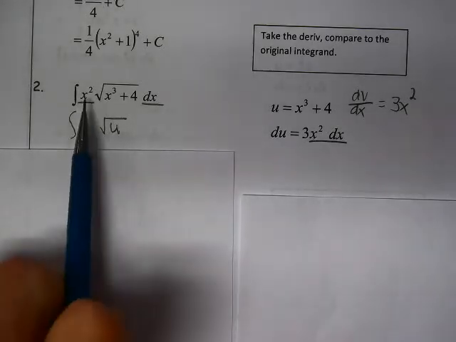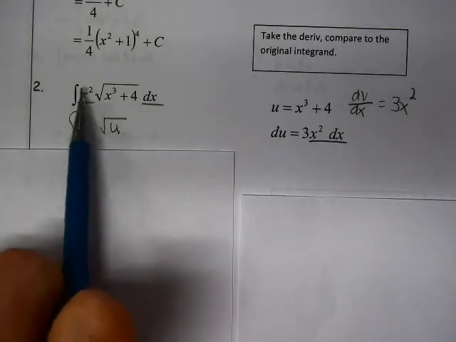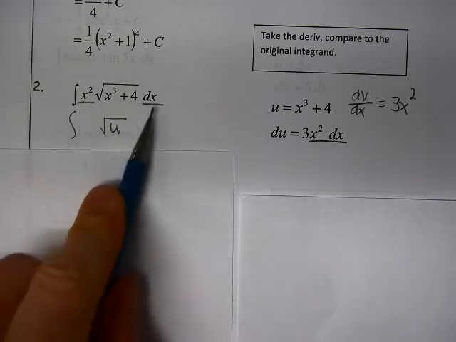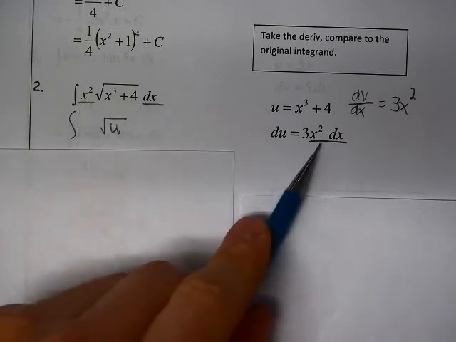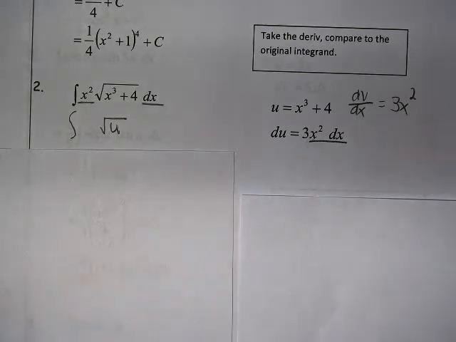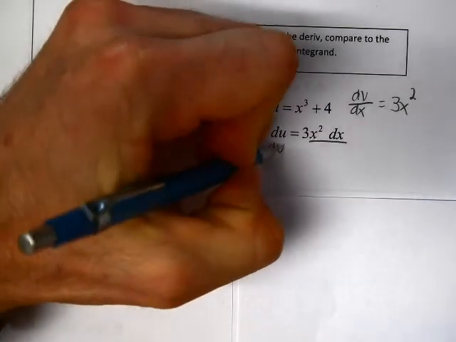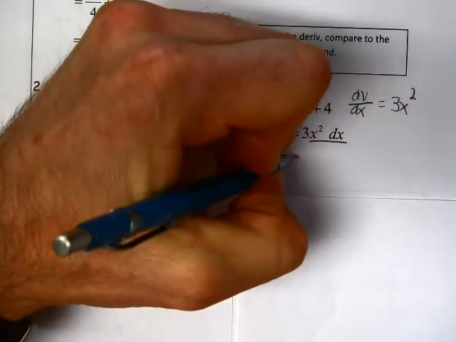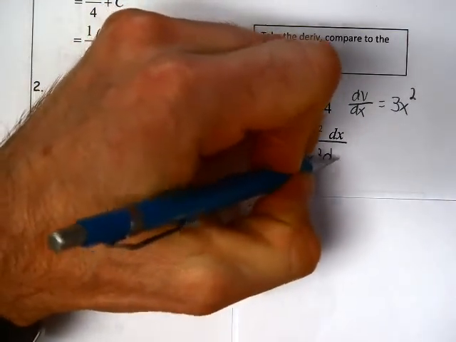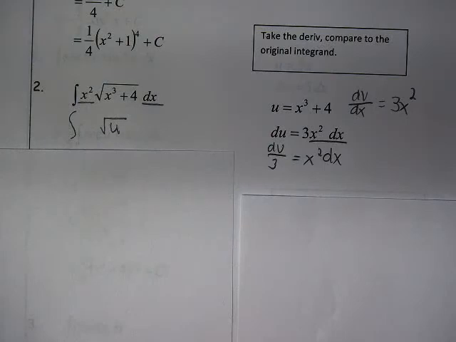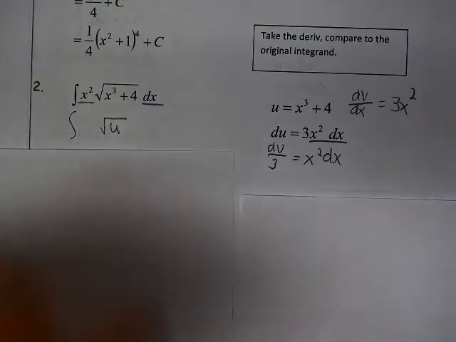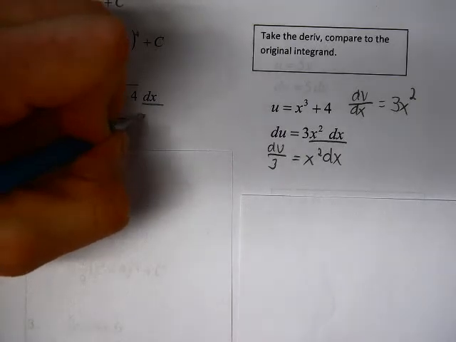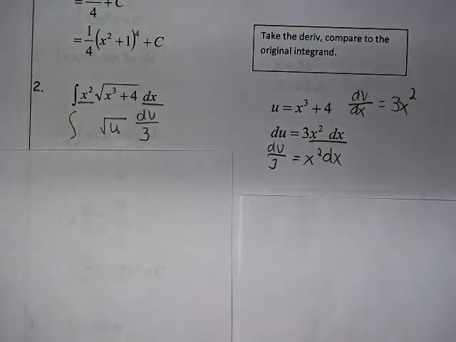In other words, the terms in this integral that I want to replace are still x squared and dx. So I'm going to solve this for x squared dx, meaning I'm going to divide by that 3. So I'm going to get du over 3, or 1/3 du, equals x squared dx. Right? So I'm going to replace this x squared dx with du over 3.